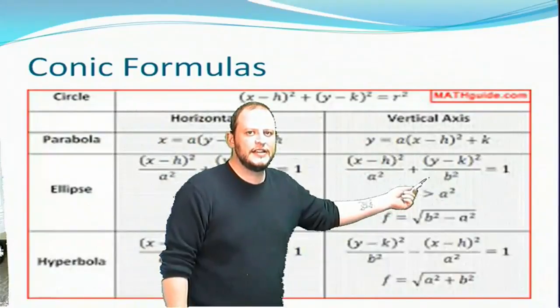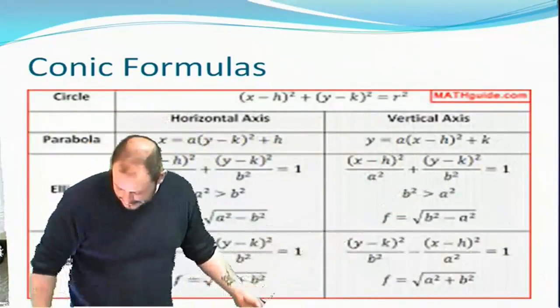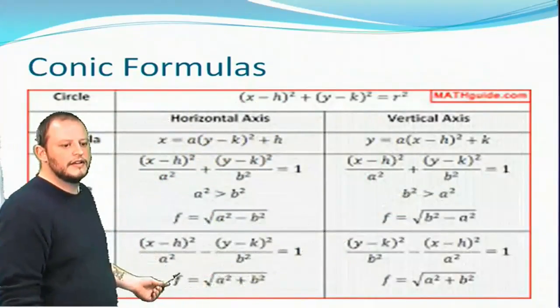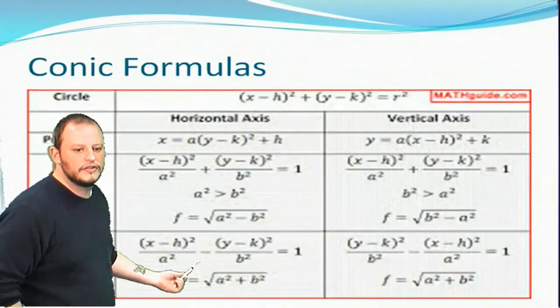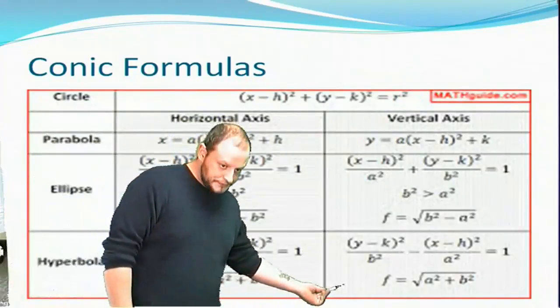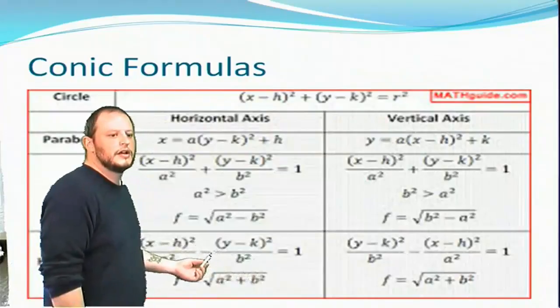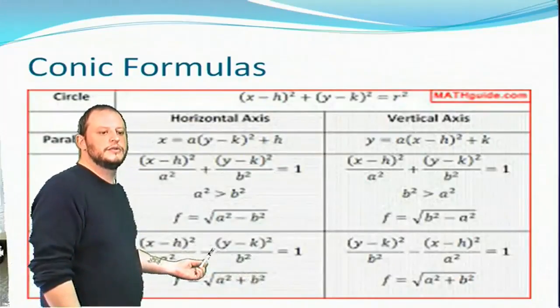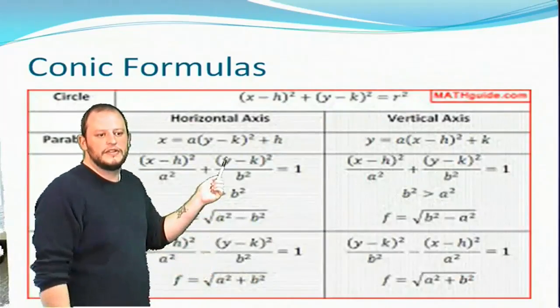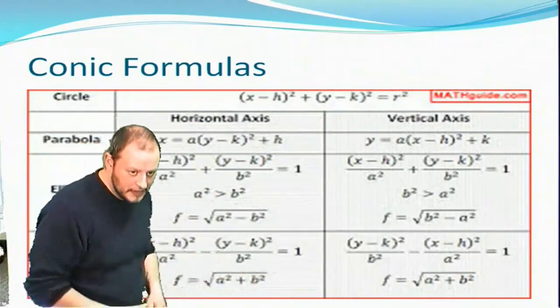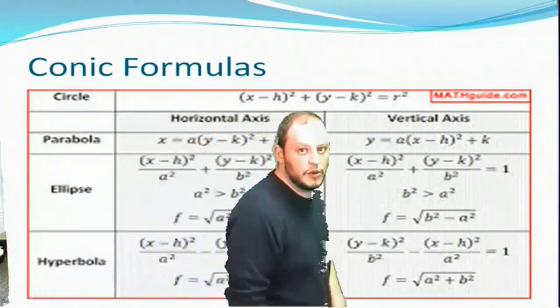And then, of course, in the hyperbola down here, you can see that we have a minus sign. So both of them have equations that are equal to 1. It's really depending on whether we see a plus or a minus that is going to define what shape we're looking at.